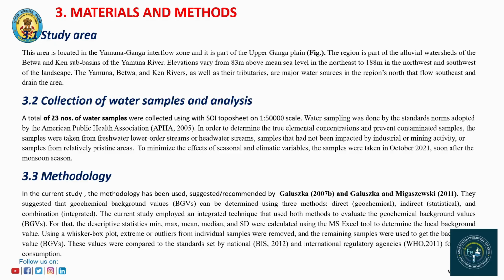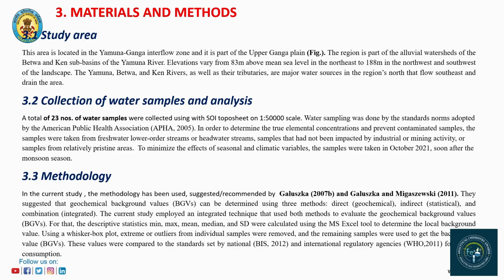Then coming to the collection of water samples and their analysis. A total of 23 stream water samples were collected using the Survey of India topo sheet at 1:50,000 scale. Water sampling was done by the standard norms adopted by the American Public Health Association, APHA 2005.